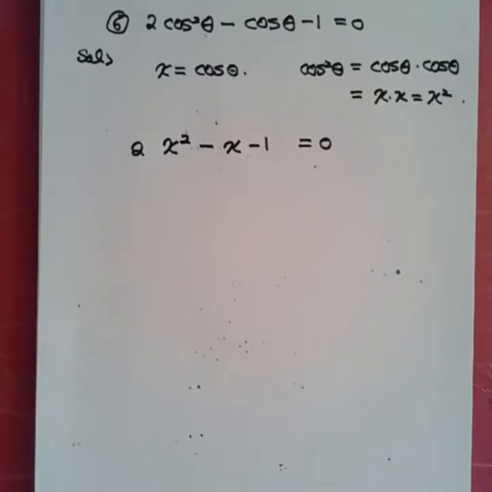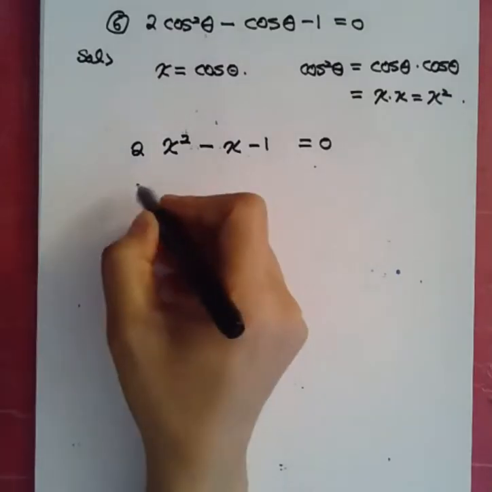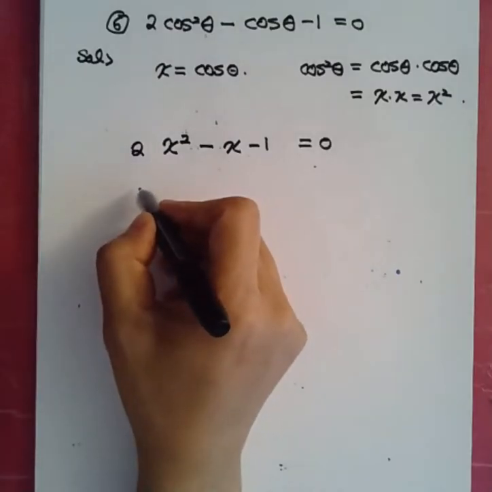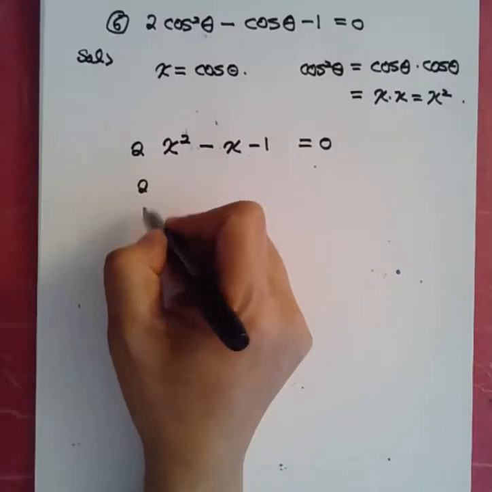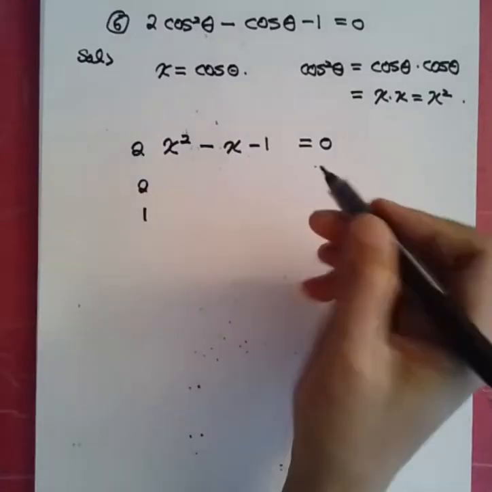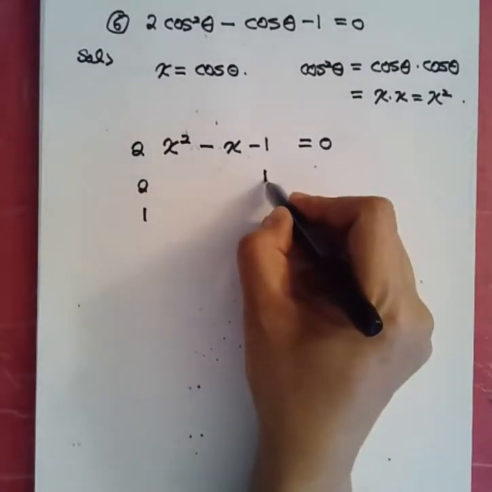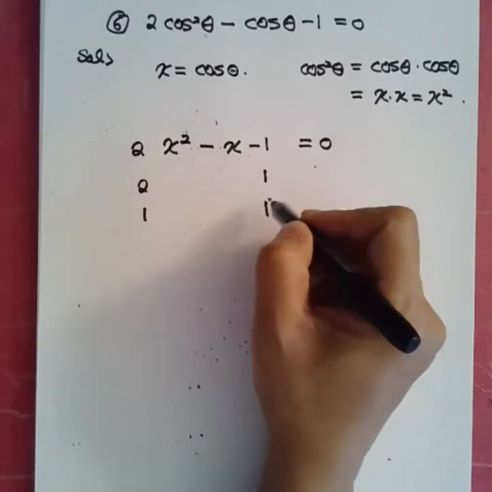You already know how to factor this type of polynomial, but let me introduce you to my favorite method. I will list 2 numbers whose multiplication becomes 2, and I will list 2 numbers whose multiplication becomes 1.